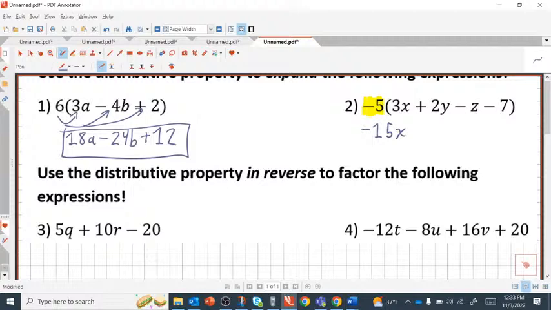If you multiply everything inside the parentheses by what's on the outside, you guys are going to get what you want. Now, this is the part that really freaks people out. This times this becomes a minus 10y. This times this becomes a plus 5z. And this times this becomes a plus 35.